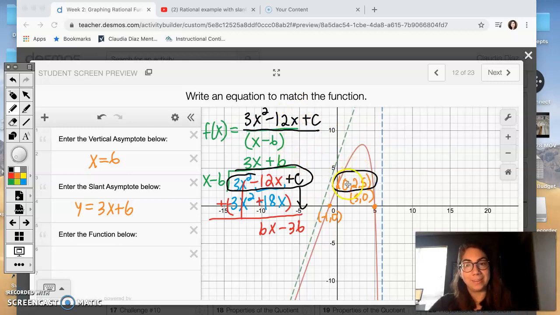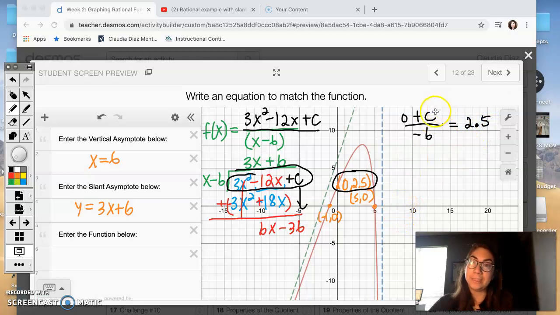I always use the y-intercept. So the y-intercept, I plug in 0 for x, and that's 0 minus 0 plus c, so we got 0 plus c on the numerator, over 0 minus 6, which is negative 6, and that's going to equal the y-coordinate of the y-intercept, which is 2.5.